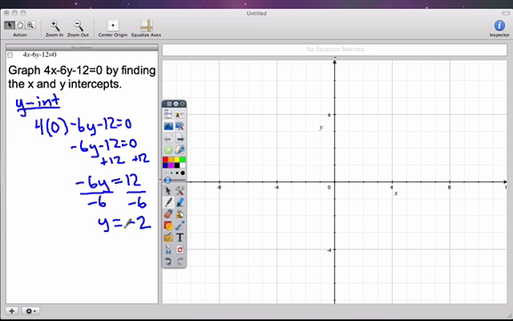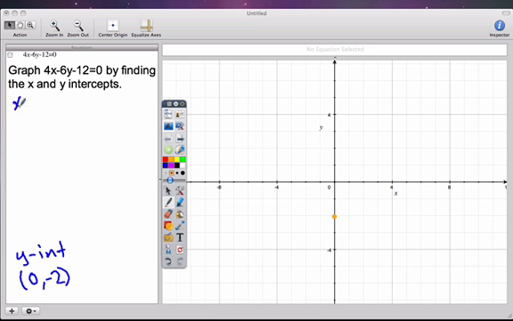So we know that our y-intercept is -2. We'll put that down here as y-intercept, and the coordinates of that point are going to be (0, -2). Now let's go over and plot that. (0, -2).